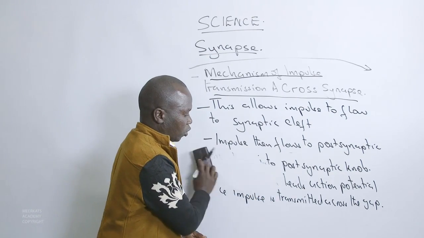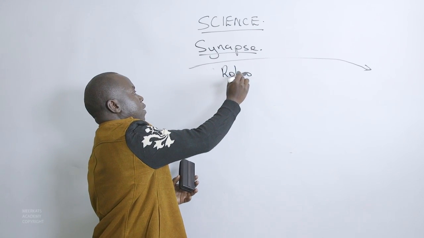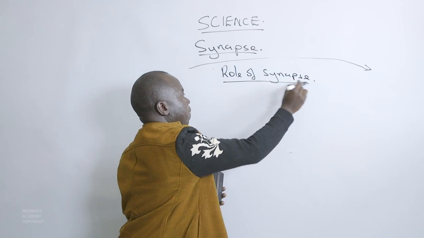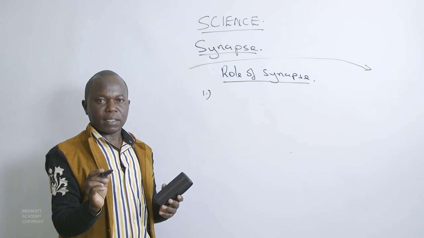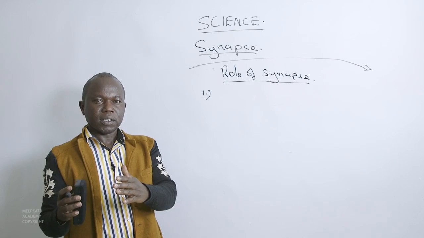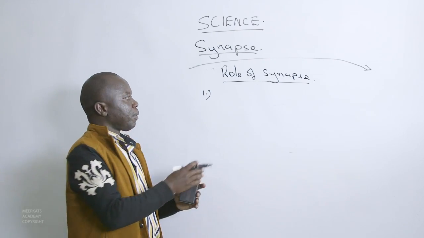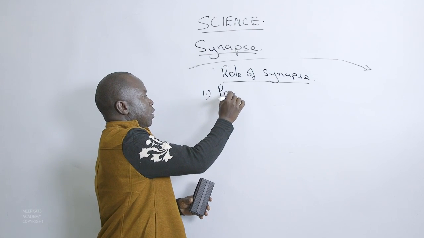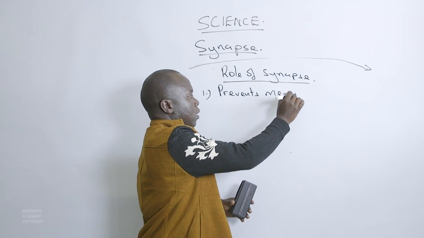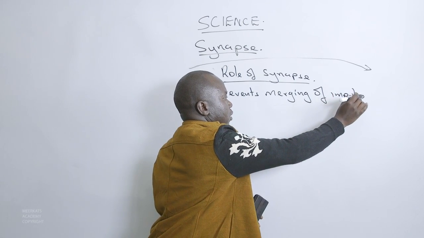Function or role of synapse. One, I've already said that because impulses are flowing in intervals, the synapse is going to prevent merging of impulses.